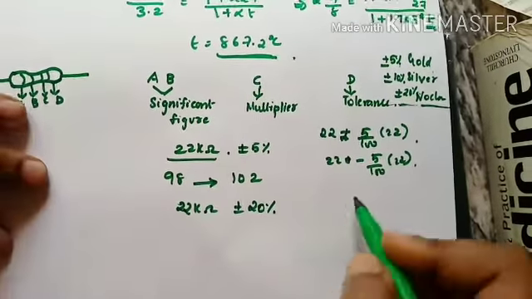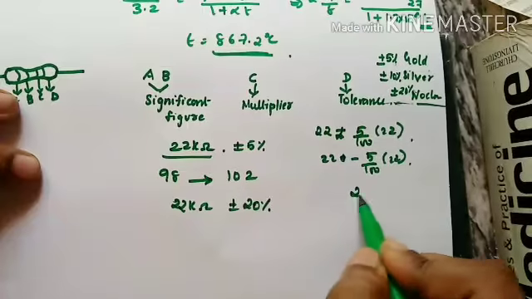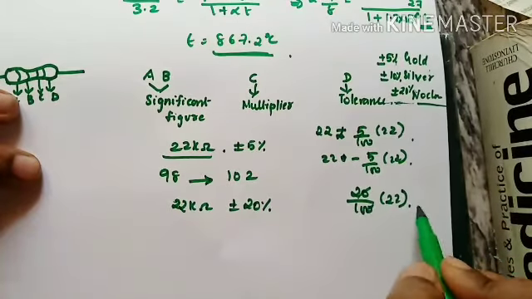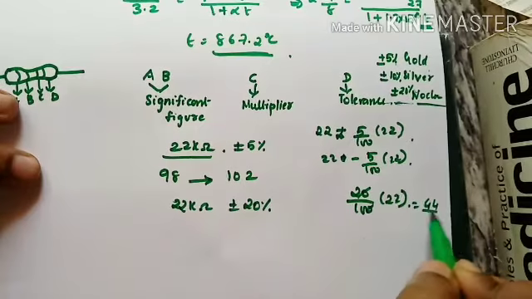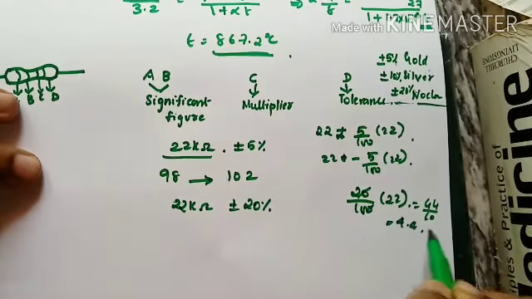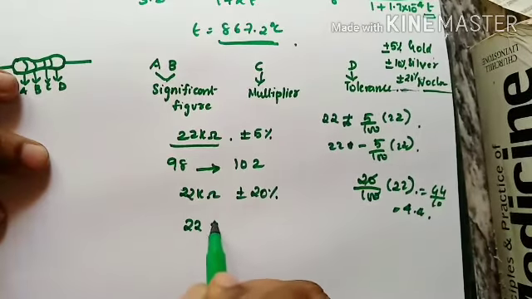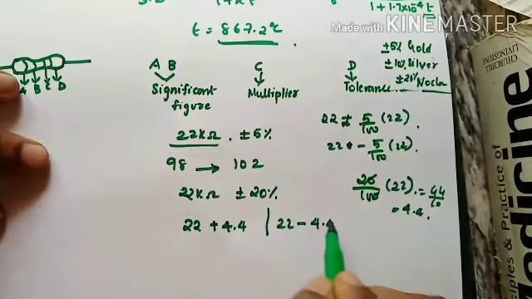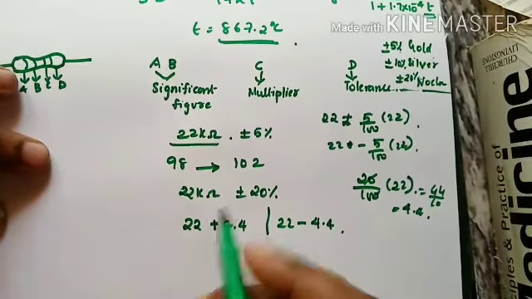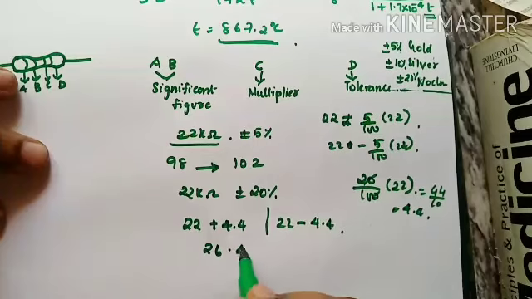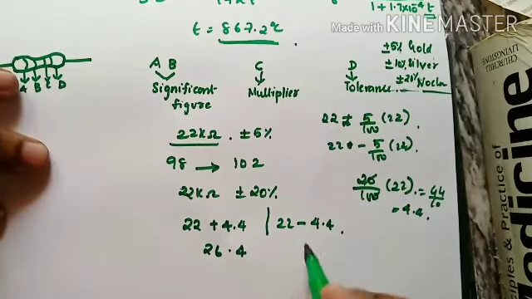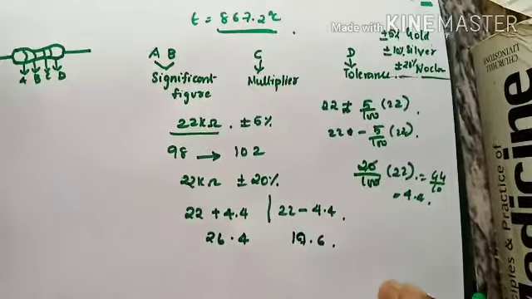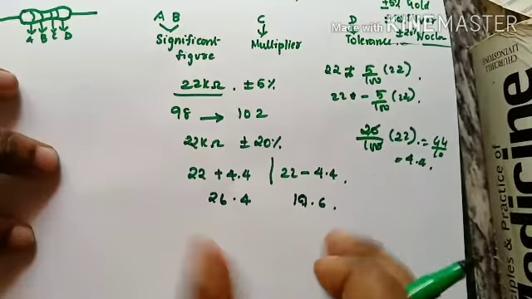What is 20% of 22 kilo ohm? It is 2 by 10 times 22, or 44 by 10, that is 4.4. So the variation is 22 plus 4.4 or 22 minus 4.4. The resistance you get is either 26.4 or as low as 17.6.